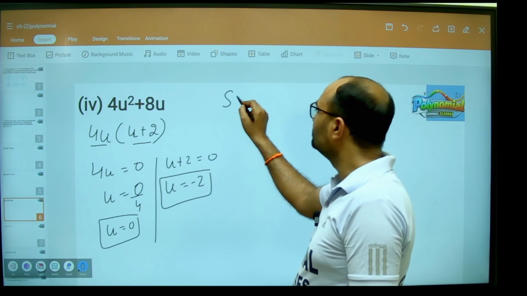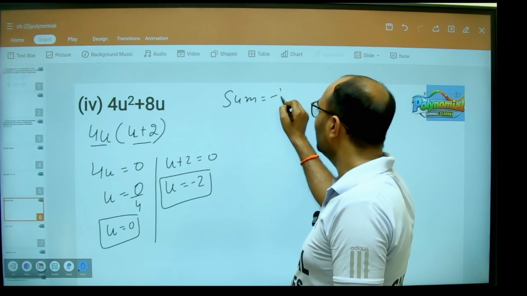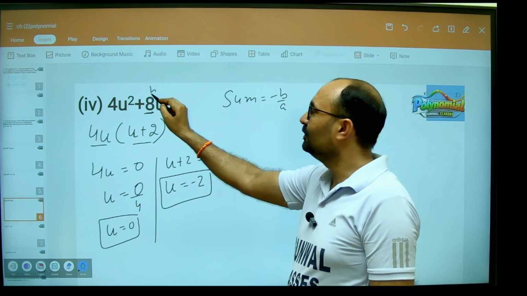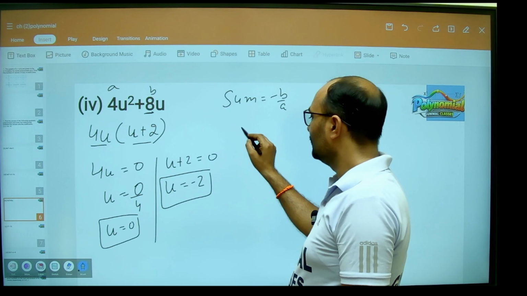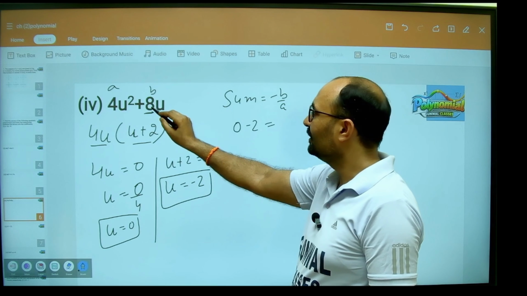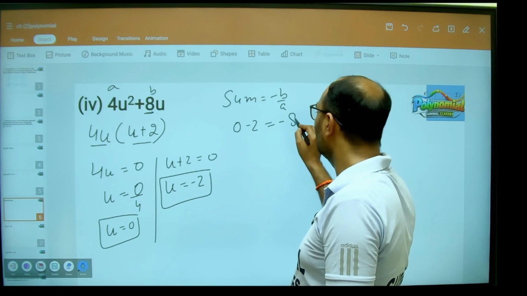Sum: minus b upon a, minus b, this is b, this is a, so 0 minus 2, b is 8, minus 8 upon 4.